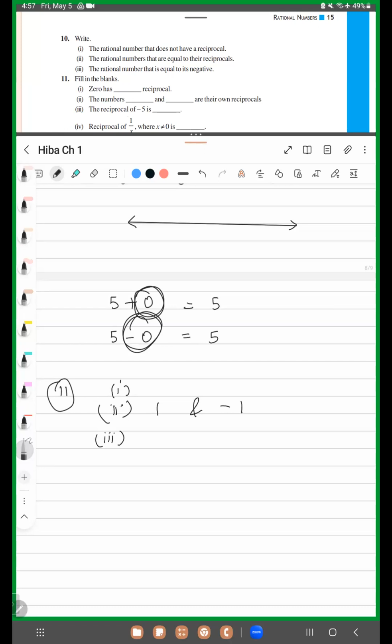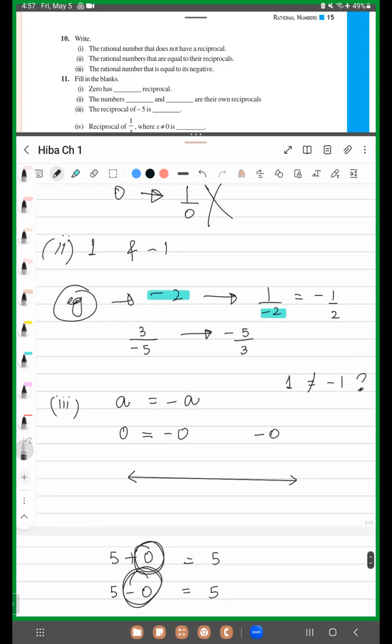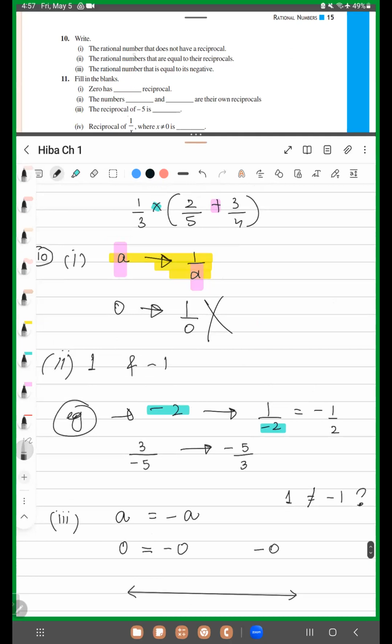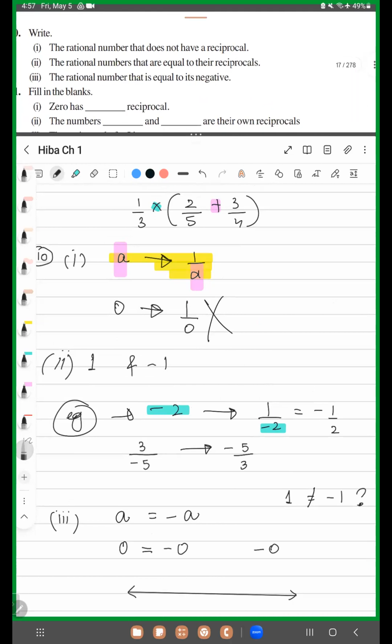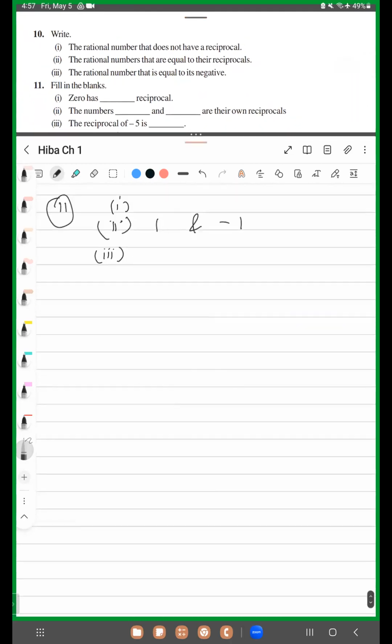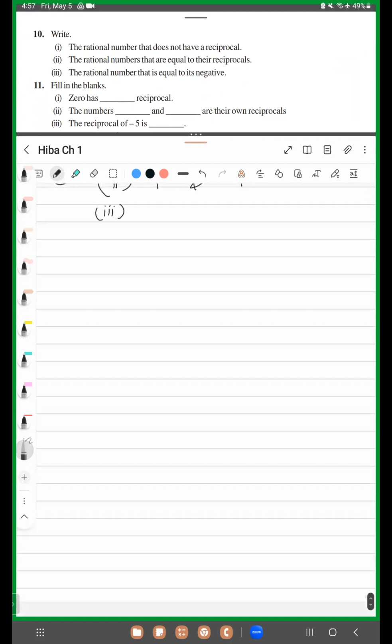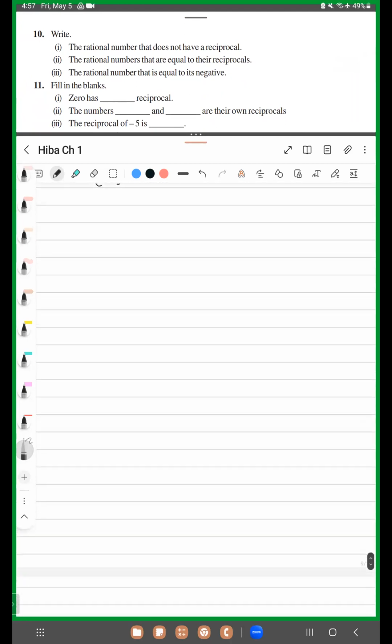The reciprocal of minus 5 is? The second question, can you explain it? I didn't understand. The numbers dash and dash are their own reciprocals. We just did this. This one, the rational numbers that are equal to their reciprocals. Can you explain once again? Okay, fine. See, which rational numbers are equal to their own reciprocals, or rational numbers that are their own reciprocals.